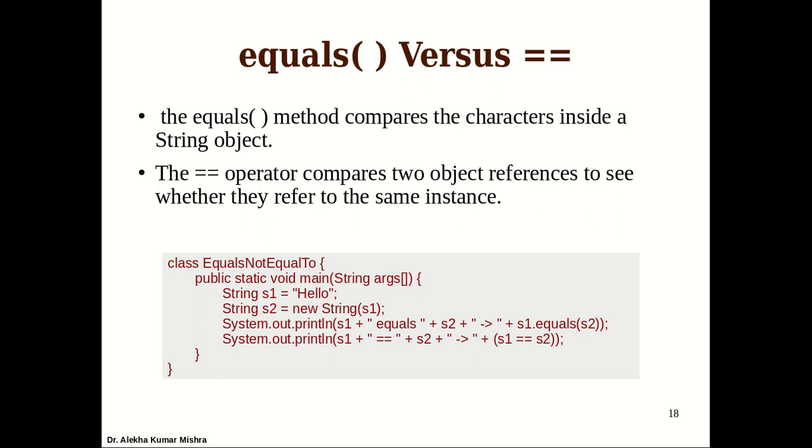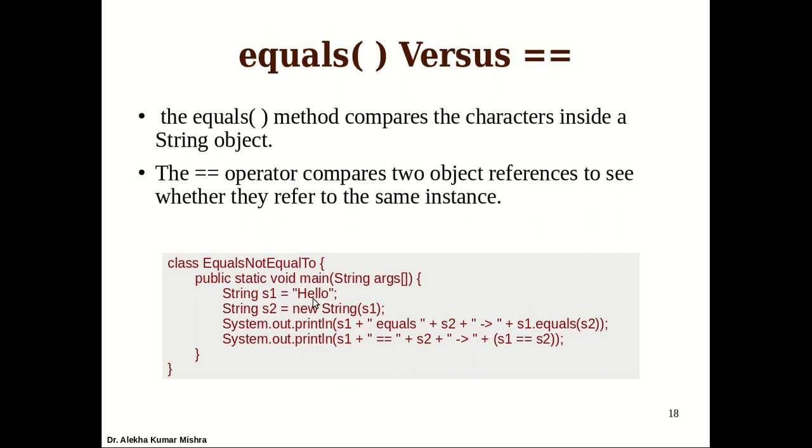Especially for strings, when you mention two strings on both sides, it will check whether both are referring to the same instance. If they are, it is true. If they are referring to different instances, then it is false. So the double equal to operator compares two object references to see whether they refer to the same instance or not. Equals looks at the content.